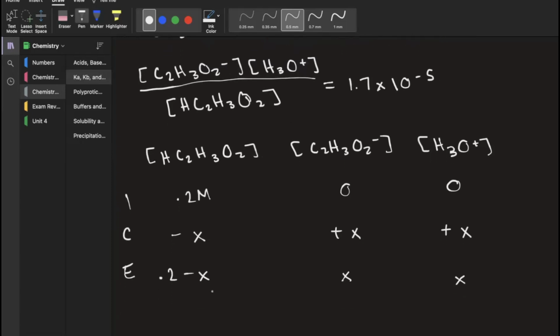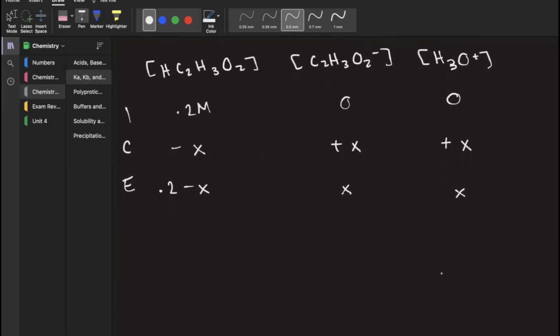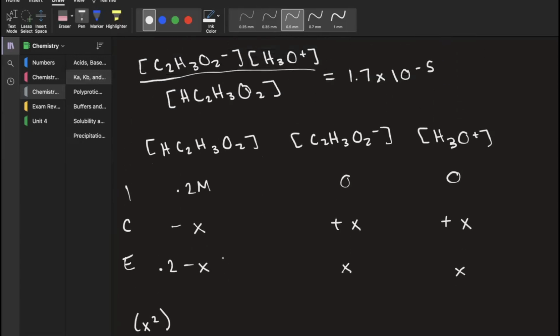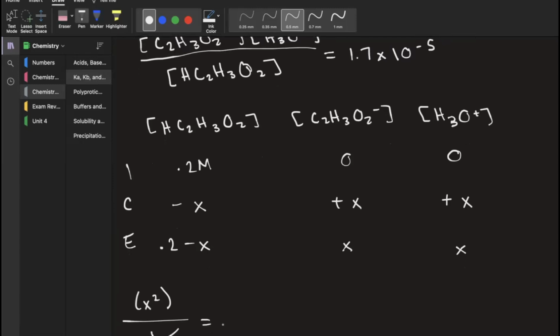We're going to input these values into our expression to get X squared over 0.2 minus X. Remember, to avoid the quadratic problems, we're just going to exclude this X. And we're going to equal that to the Ka, which is 1.7 times 10 to the negative fifth.